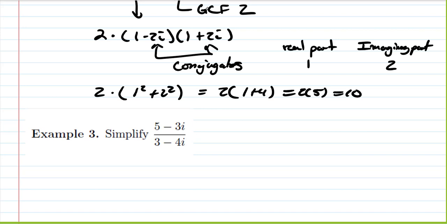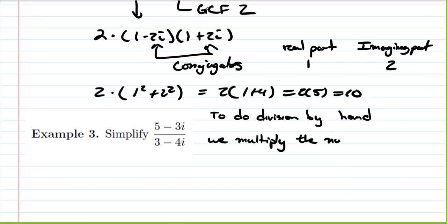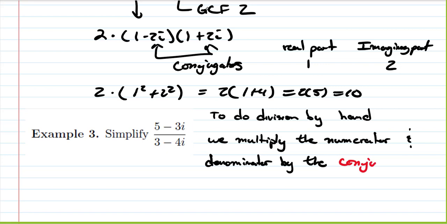So to do division by hand, we multiply the numerator and denominator by the conjugate of the denominator.